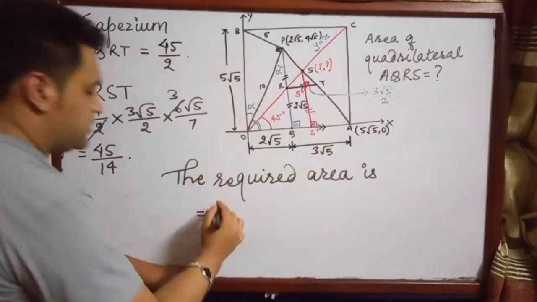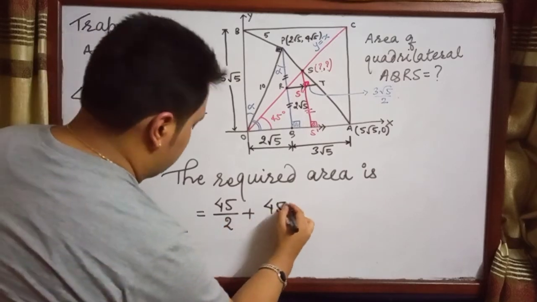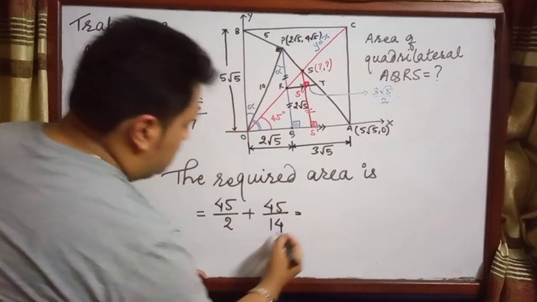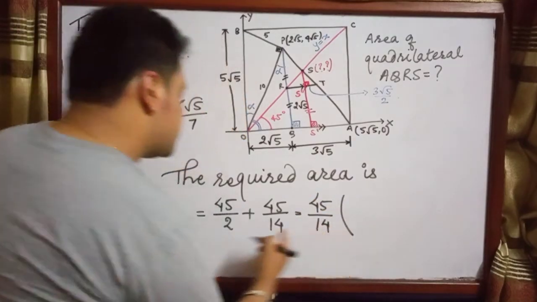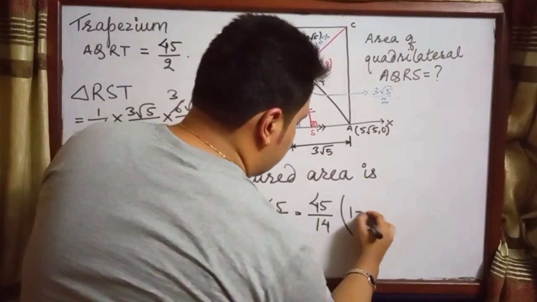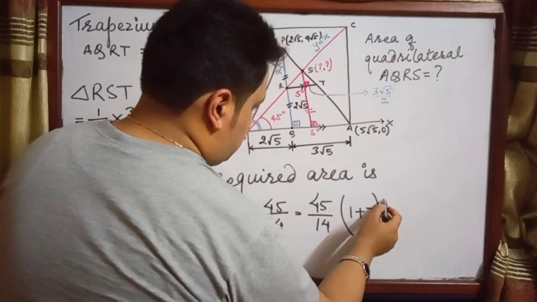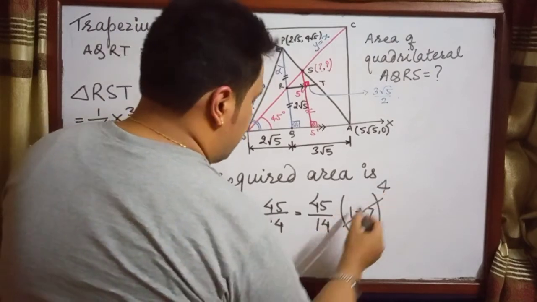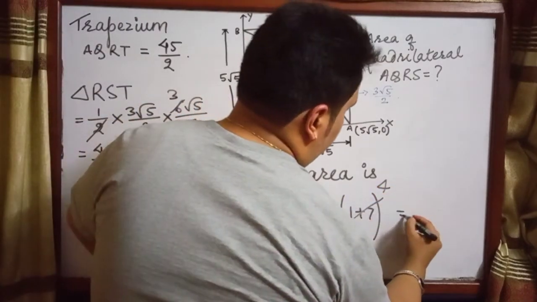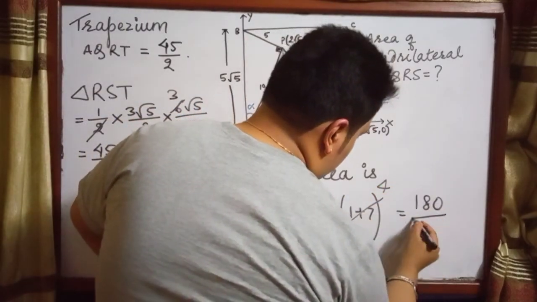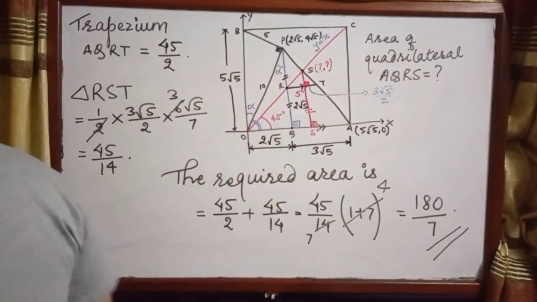So 45 by 2 plus 45 by 14, which is equal to 45 by 14 times 1 plus 7. This is 8, so 4 and 7 means 45 times 4 means 180 over 7. Right. That's the required area.